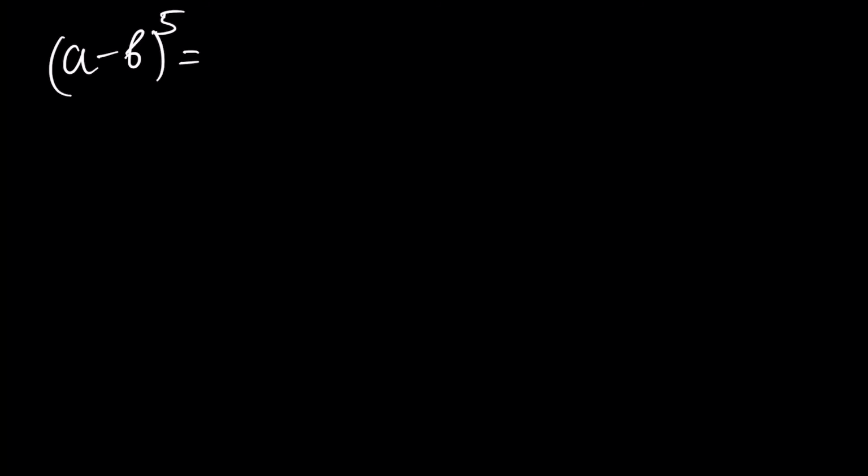And since a minus b can be written as a plus minus b to the power 5, we can use a previous formula for a plus b to the power n.